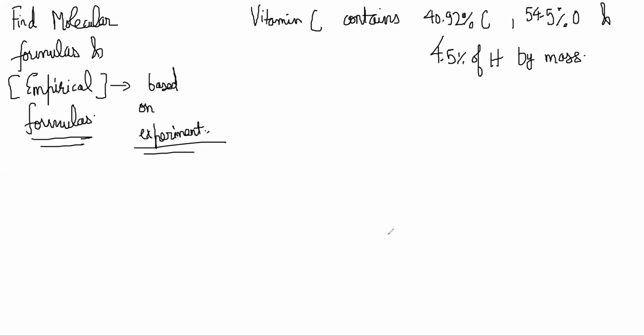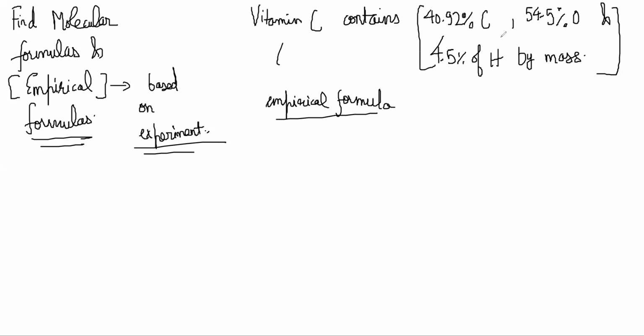This is vitamin C. And what is the empirical formula of vitamin C? Empirical formula is being asked. Okay. So basically, tentatively from this data, this experiment, what would you guess to be the formula of vitamin C?